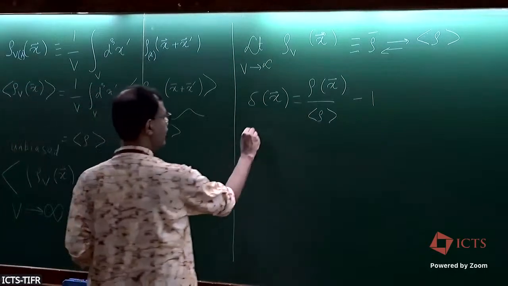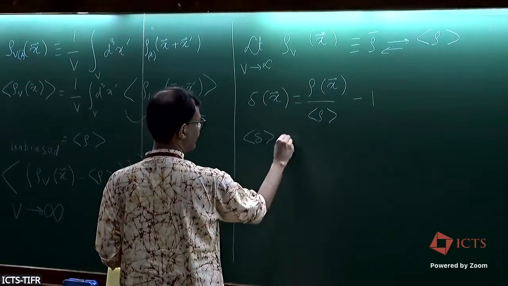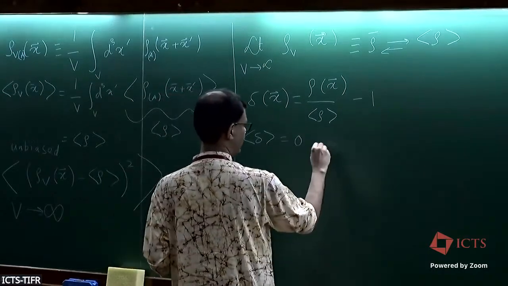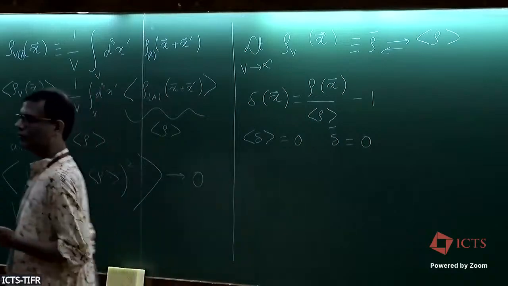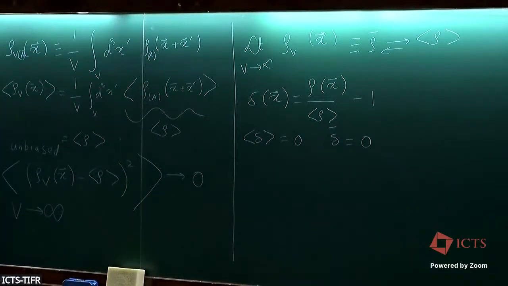And clearly, delta bar will be 0. So the average of the density contrast is 0.